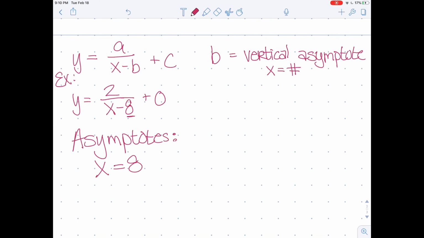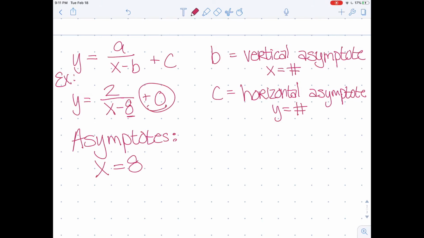Okay, so c is our horizontal asymptote. And this is always going to be y equals. So in this case, c is this imaginary plus 0, so y equals 0 is our horizontal asymptote.